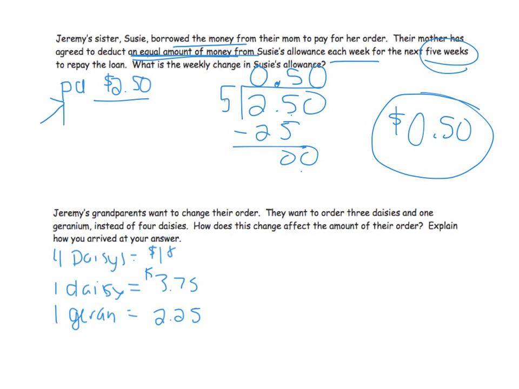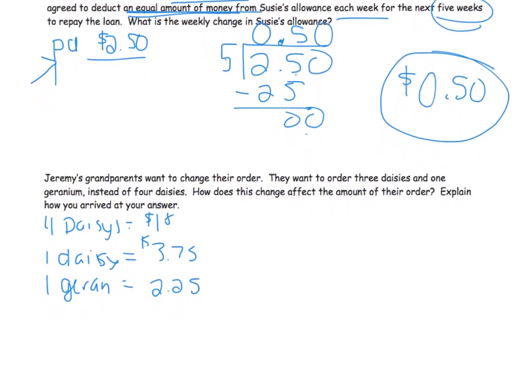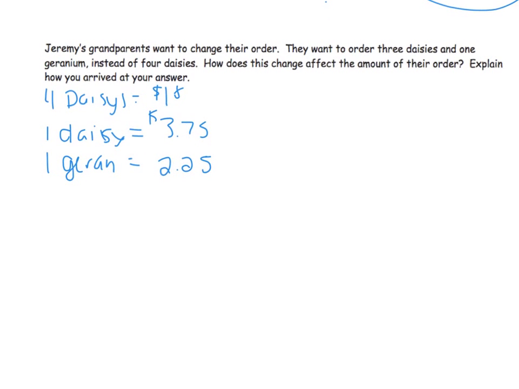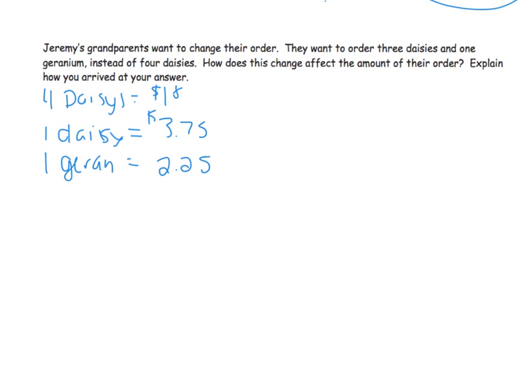And last problem, Jeremy's grandpa wants to change their order. So originally they had 5 daisies for $15, and again check my work on the table.